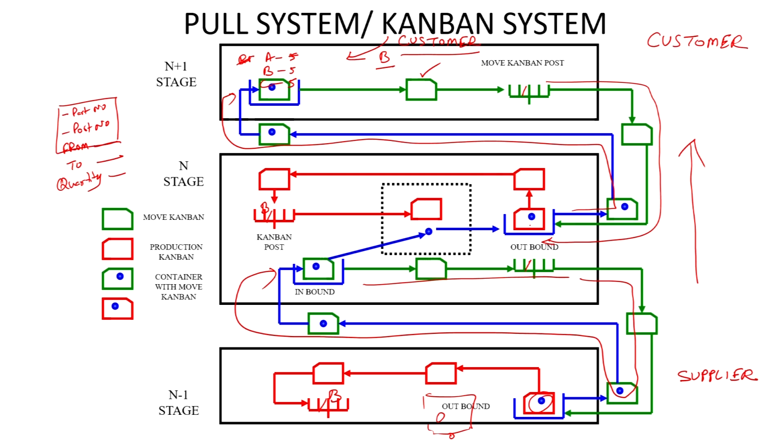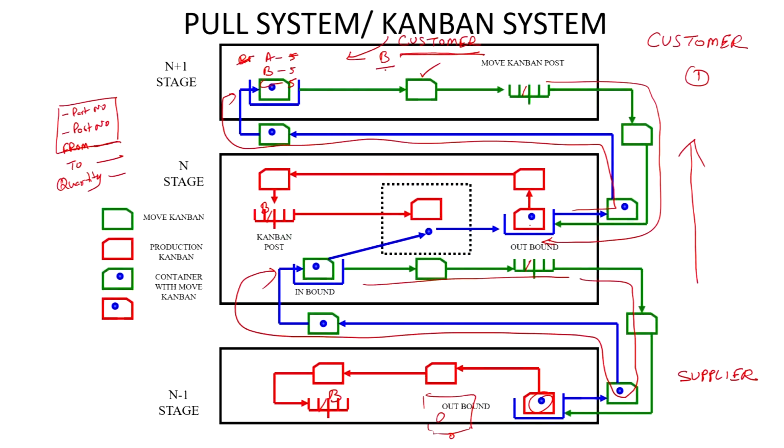So, what we have seen here in the Kanban system, the learning is, number 1, the trigger is created as a customer is moving throughout the manufacturing facility and even moving to the suppliers also. Whatever item is demanded by the customer, the same item is getting manufactured, assembled, fabricated, purchased in the organization.